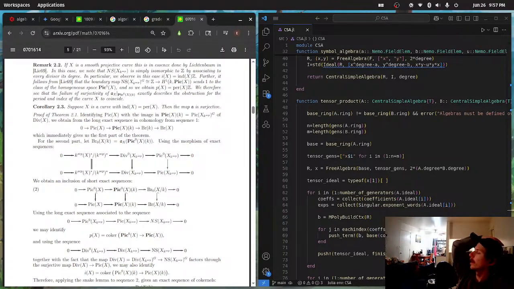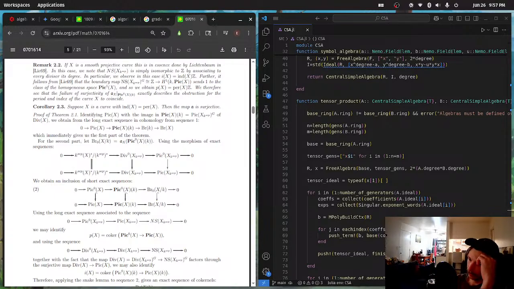But if we could find an algorithm for giving the equations of a Severi-Brauer variety, then it should be possible to pick a random hypersurface or a random equation. So a random hyperplane section, or some number of hyperplane sections. So some linear section which gives us a curve. And then we would have in fact a curve where this guy is in the relative Brauer group.